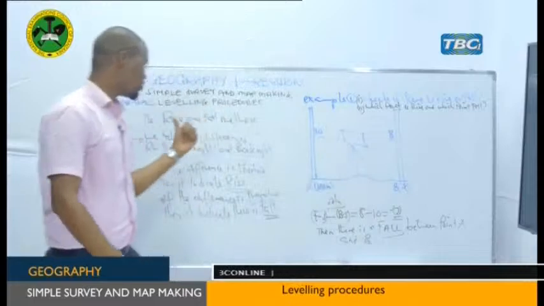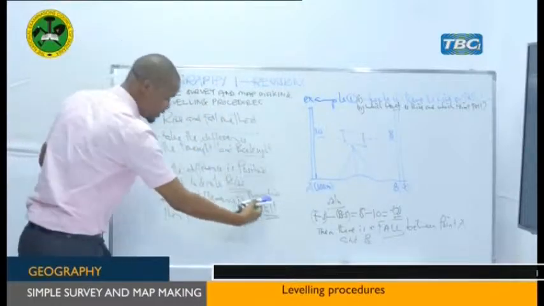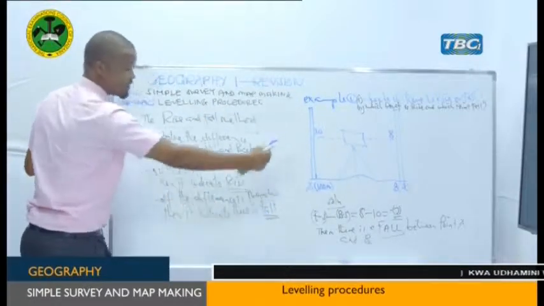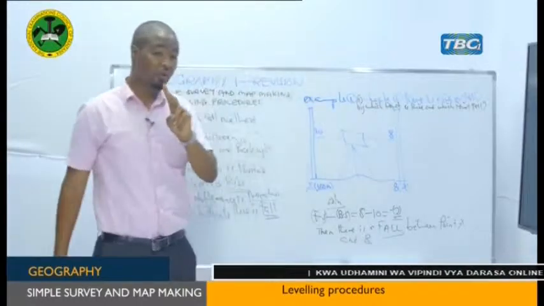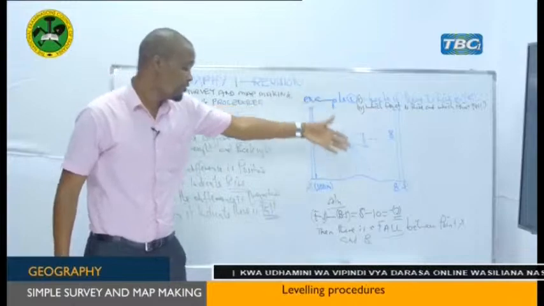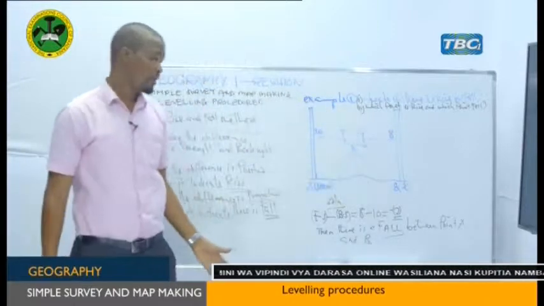As the method explained, if the difference is negative, then there is a fall between the 2 points. And the question asked, check if there is rise or fall between the 2 points. Right now there is a fall between point A and point B.